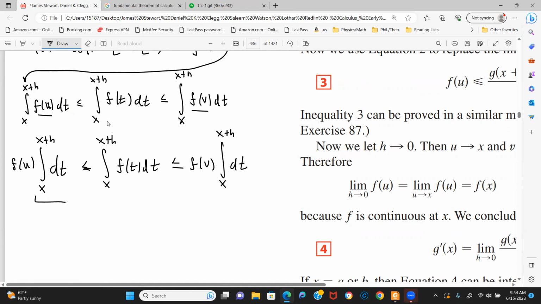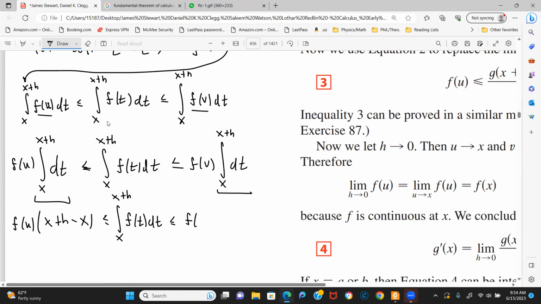Now, when you integrate this right here, you're integrating one function, the constant one. So what it will end up being is just the length of the interval. So you have f of u times the length of the interval, which will be x plus h minus x, less than or equal to this integral right here, which is going to be related to our derivative, actually.